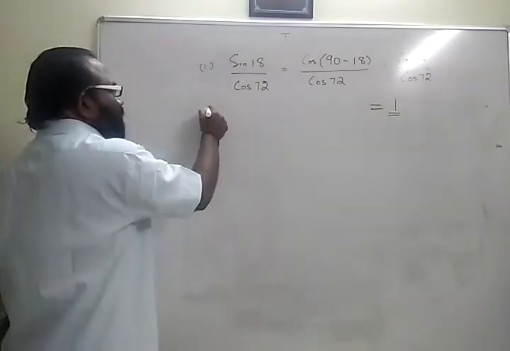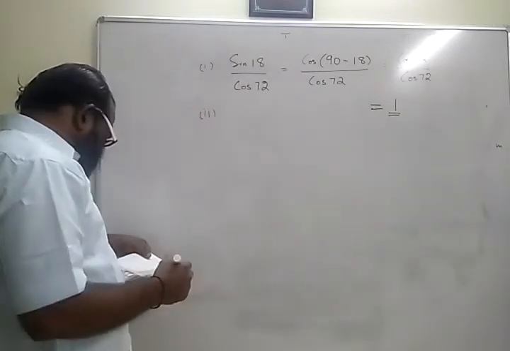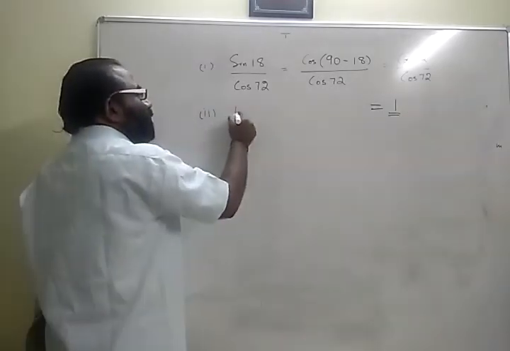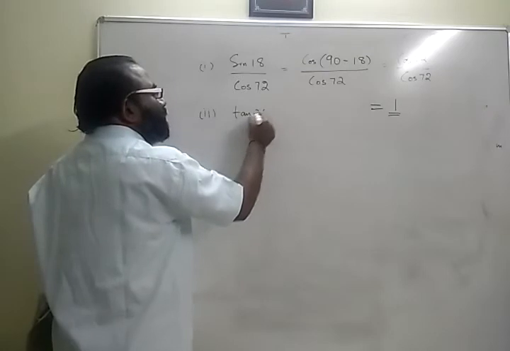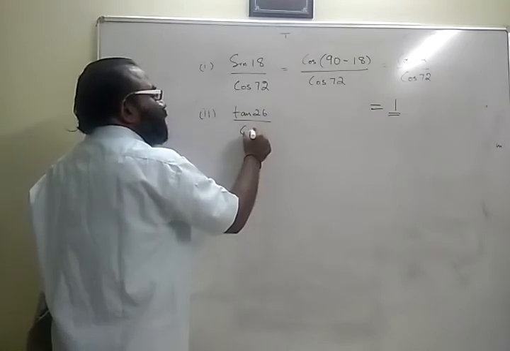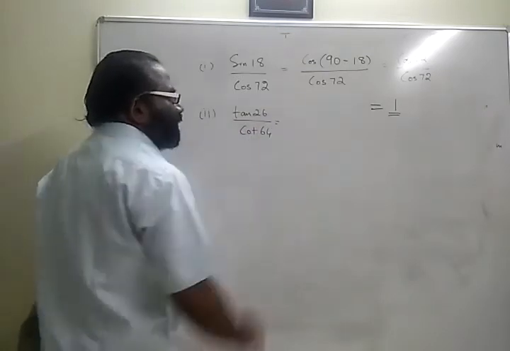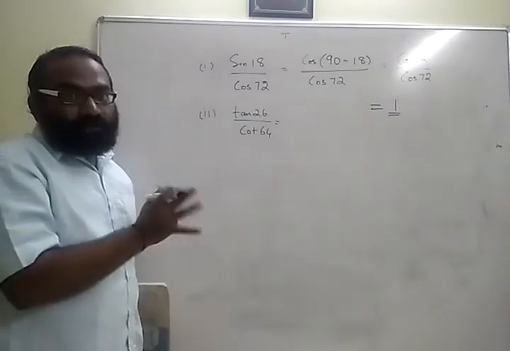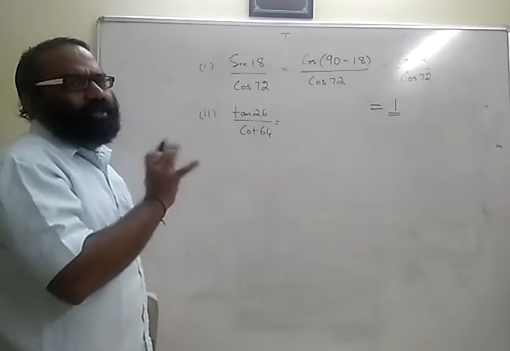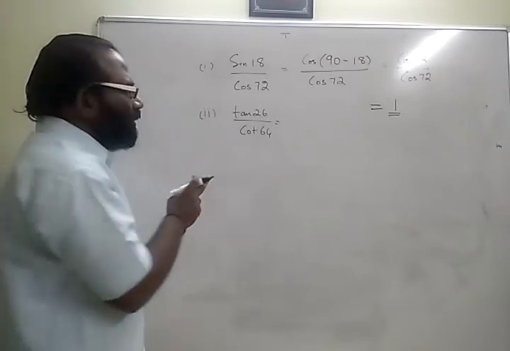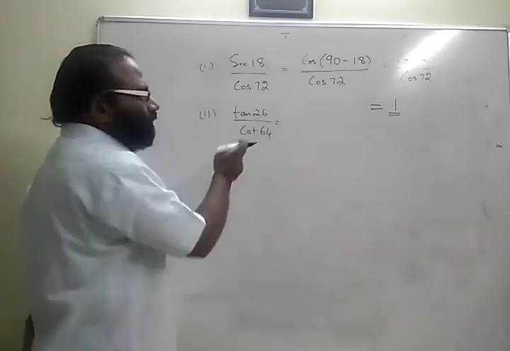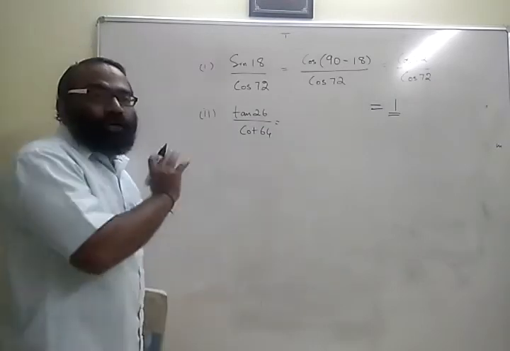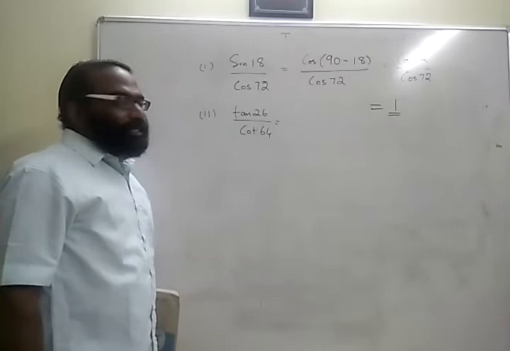Let's do the second one. Tan 26 by cot 64. The same approach. I have 26 and 64. When these problems come, you can see whether this method is to be used. When you see 26 and 64, if I add them, I am getting 90. So there is a chance that you can use the complementary angles method.